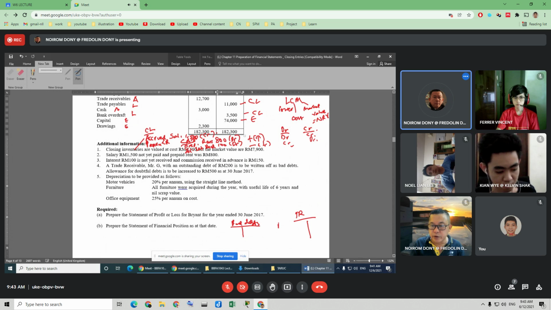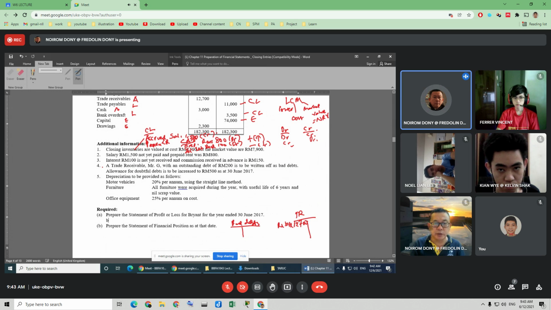Now, trade receivable, if you look at the trial balance brought down, you have $12,700, correct? In the question. So this is the amount of your trade receivable.